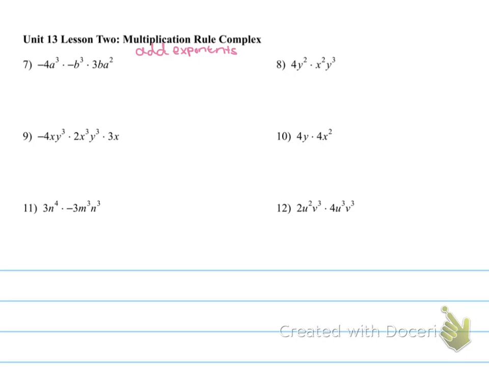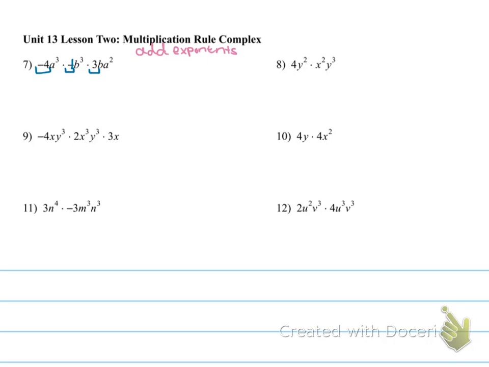If we take a look at number 7, we've got a couple different parts that we haven't seen before. I've got a -4, I've got this negative here, and then I've got this 3. All of those are big numbers that are not the same. If that's a negative, we know that's like a -1. Whenever you come across a problem that has numbers that aren't the same base, all you have to do is multiply them together.